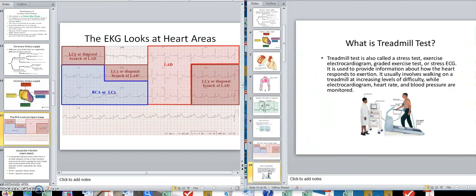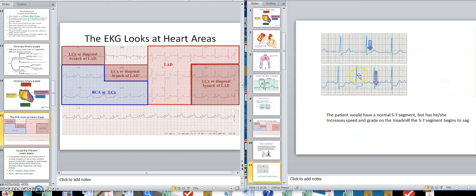So then we do this treadmill test. As you are on the treadmill, you start with a normal EKG. He would have a normal ST, but as he increases speed and grade, it would start to sag. Then that's a positive treadmill test.